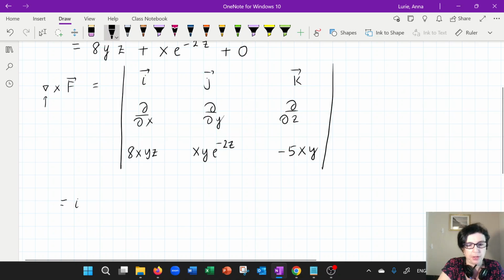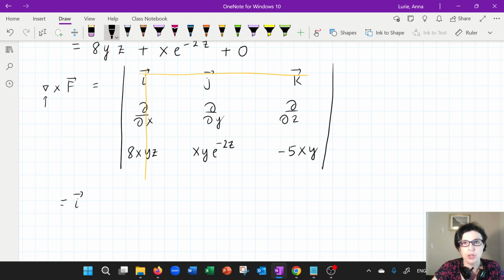First, the i component is obtained by crossing out the row and the column where i was and computing the corresponding determinant. Now, this right here does not mean that we are multiplying. This means that we are applying the derivative with respect to y of negative 5xy. So this would be negative 5x, because negative 5x is just a number. Now we're subtracting the derivative of this way, and then that way.